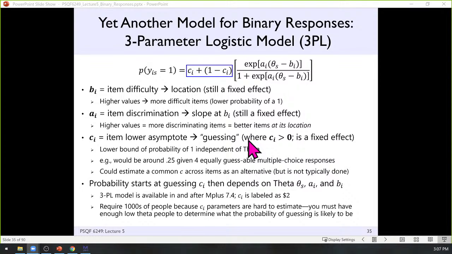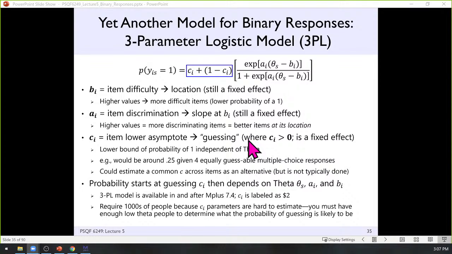If you have a multiple choice test, you can think of it as a baseline of like 0.25 if you have 4 options, for instance. If you have 5 options, it's a baseline of 0.2. But if one of your options is a really bad distractor, that probability of a random correct response goes up. And so you may have some items that don't asymptote all the way down to 0. They asymptote at a higher probability than 0. And you can estimate differences between items in what that lower asymptote is.